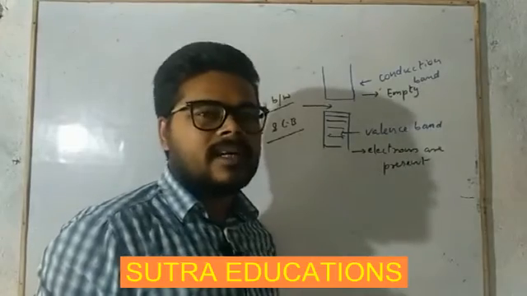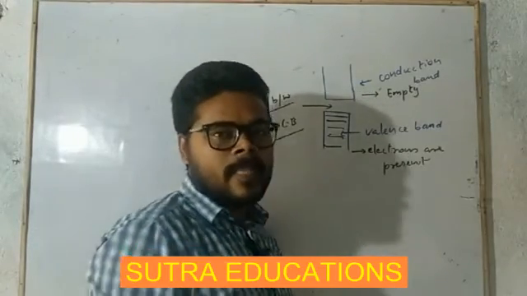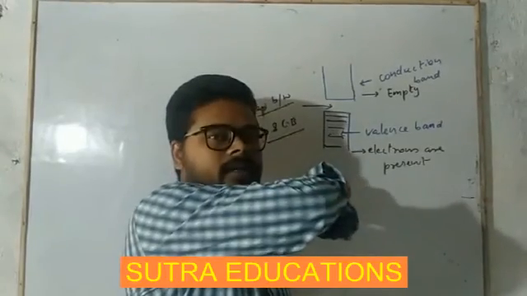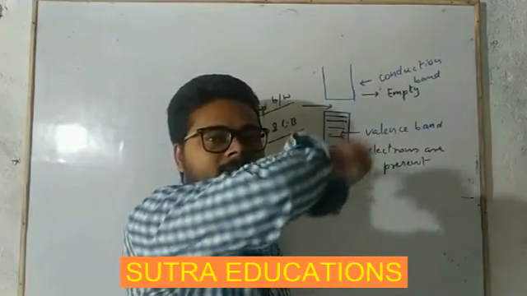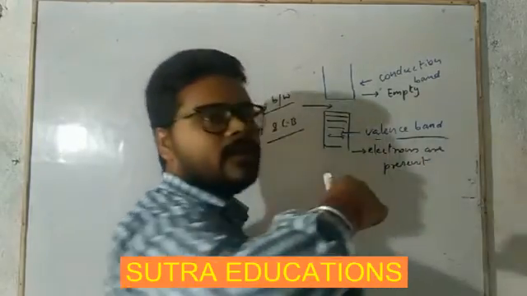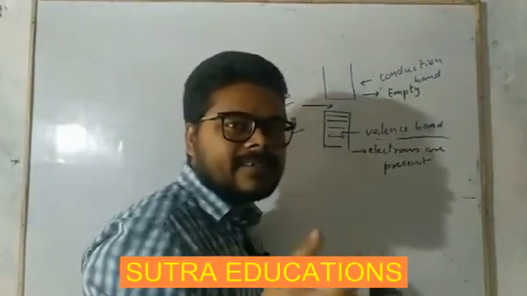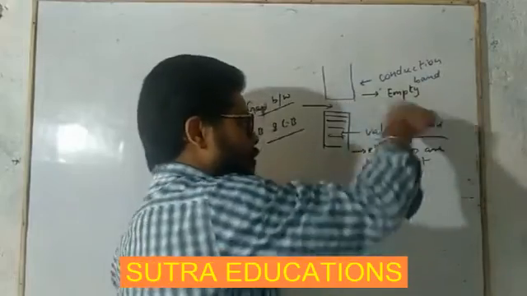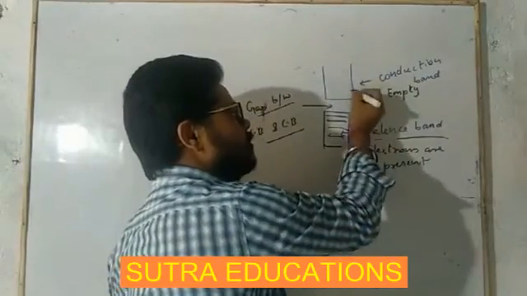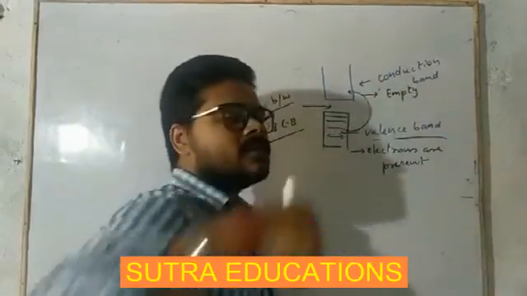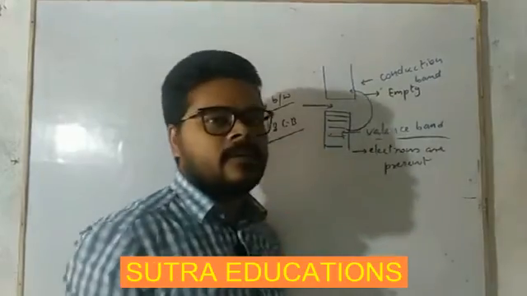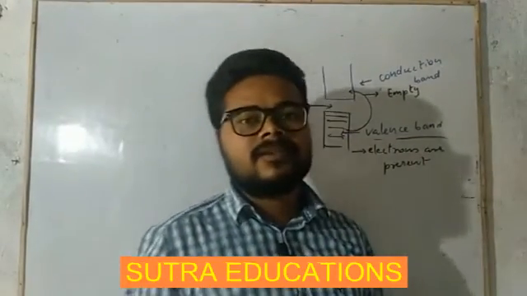So what happens when it comes to electrical conductivity? When an electric current is applied, electrons from the valence band get energy, and due to that extra energy they jump from the valence band to the conduction band. The conduction band is empty and the valence band is filled with electrons.